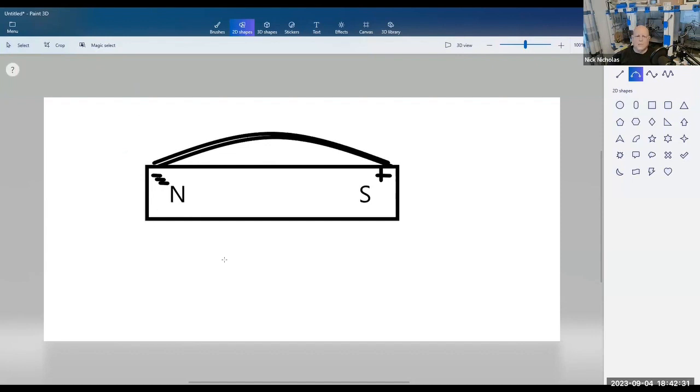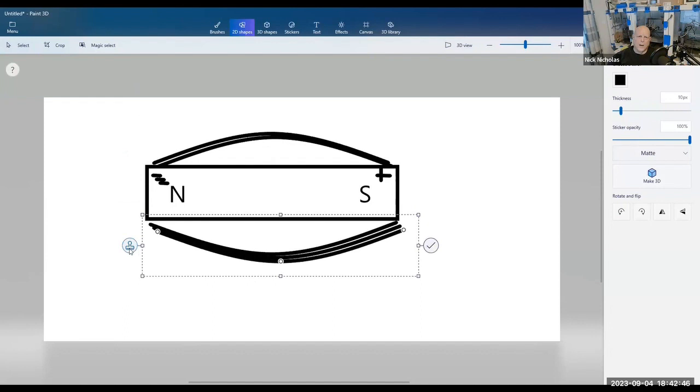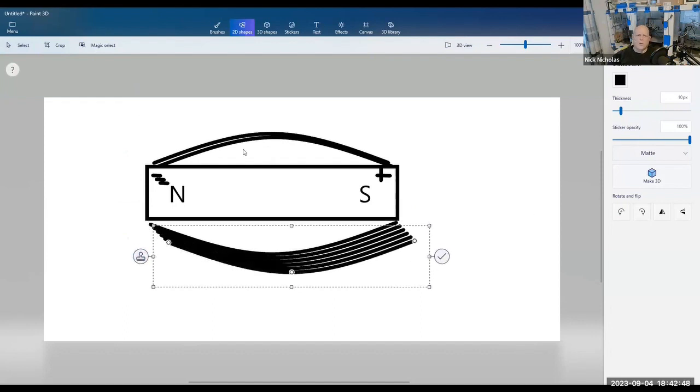These are actual lines. They go back and basically encircle the magnet. And these lines of flux are actually lines of electromagnetic force.